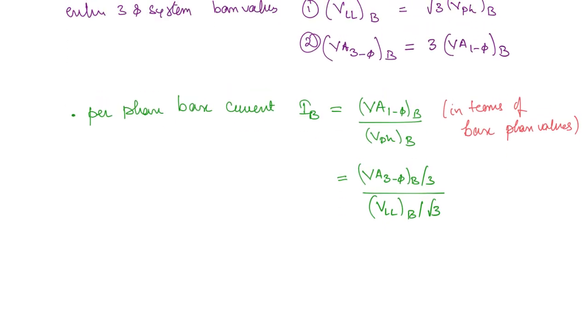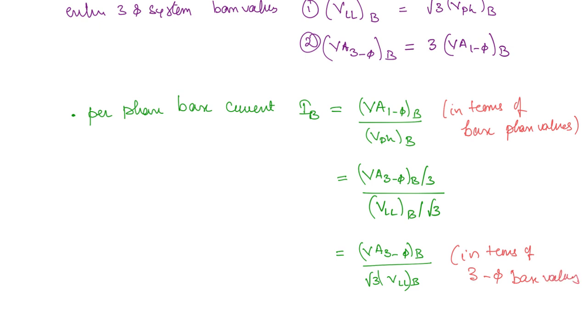So what you are going to get in terms of the three phase values is the three phase base divided by √3 times the line voltage. Okay, so this is in terms of three phase base values.